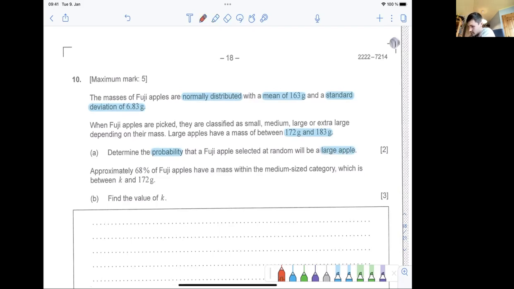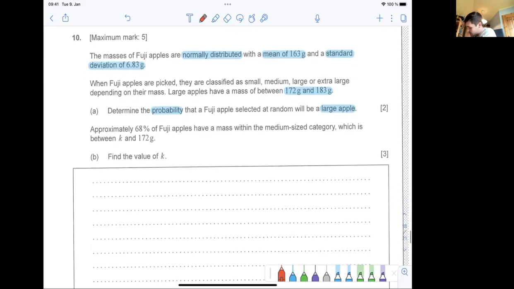Okay, so the way we denote a normal distribution is, a standard letter to use is N. You don't have to, but we go X, squiggly line N to represent it's normally distributed. And then in brackets, we put the mean, which is mu, followed by sigma squared, which is the variance.